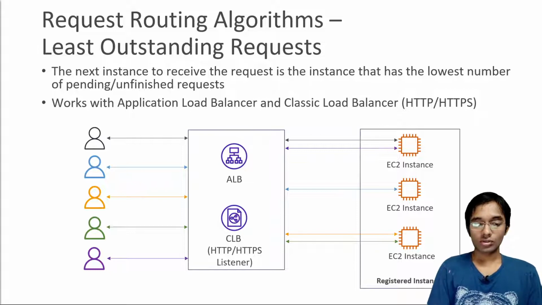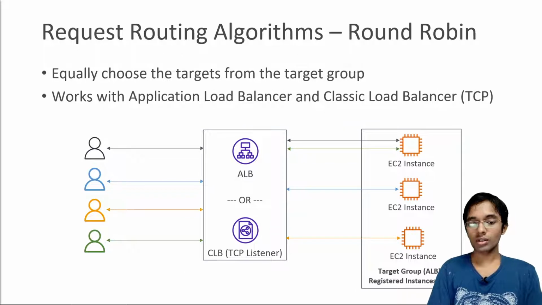Now we will be moving on to the next request routing algorithm, which is round robin. This is a bit different. With round robin, the targets receive the next request one after the other, regardless of how many outstanding requests are on your instance. This works for the application load balancer and the classic load balancer.